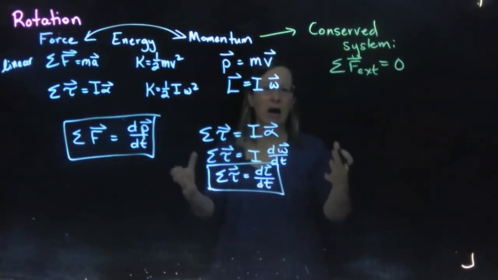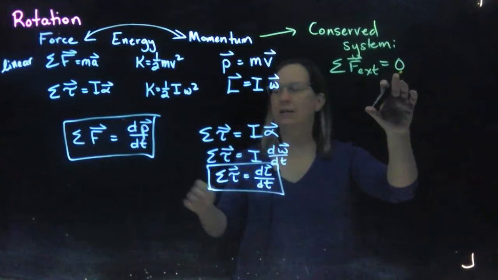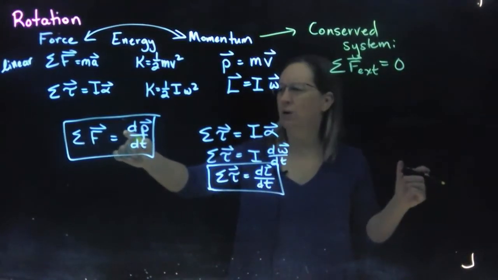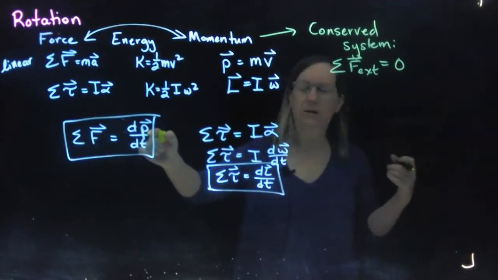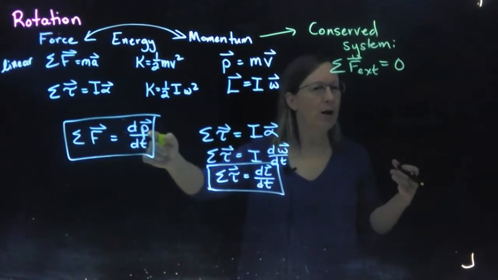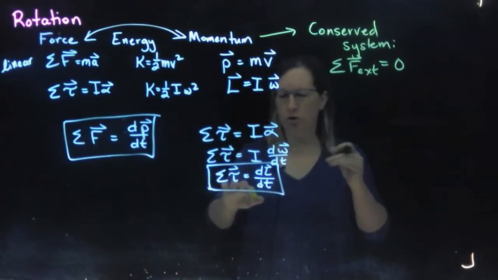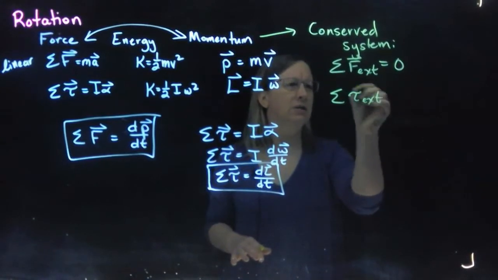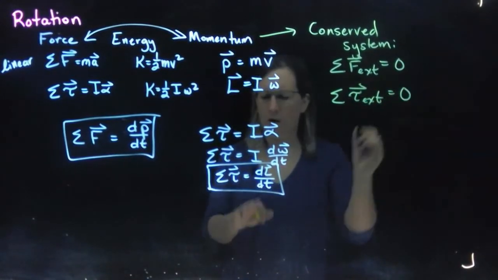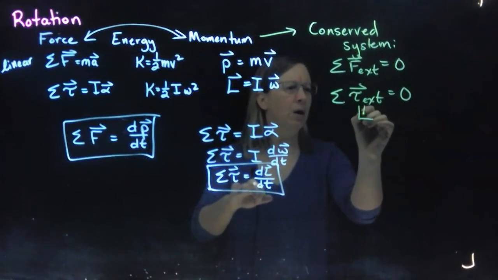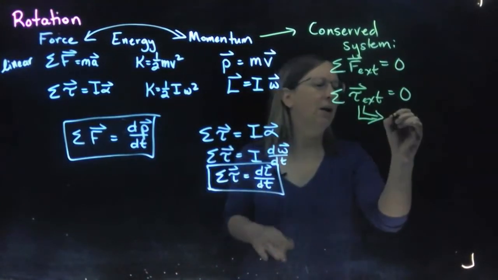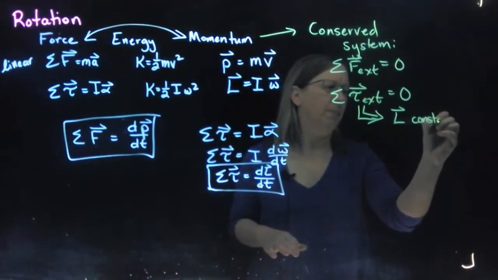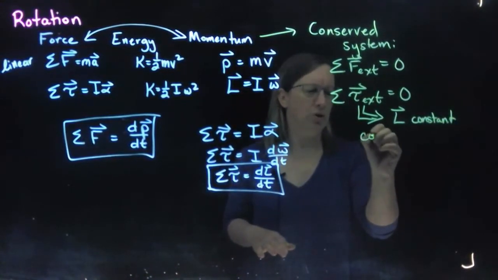In other words, we could isolate a system, because that meant if I got a 0 over here, this derivative was 0, which meant this P, this momentum, was constant. And so it shouldn't be a surprise that if the external torques to the system are equal to 0, then that implies that the angular momentum is constant or conserved.